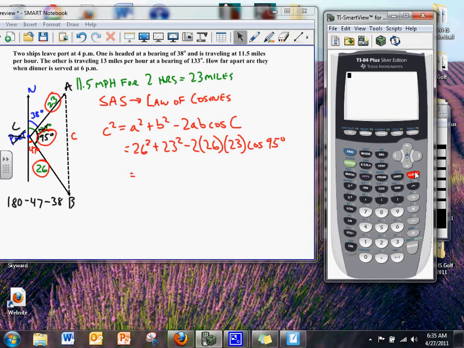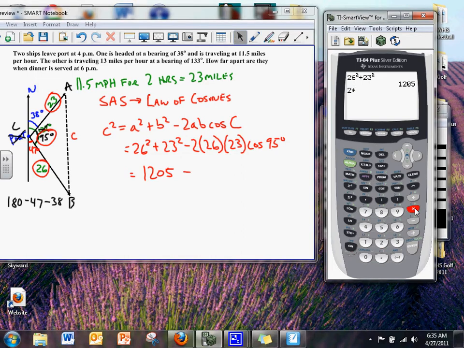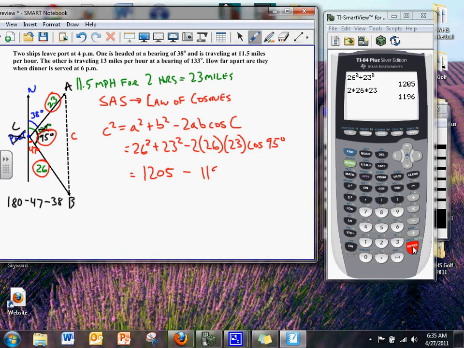But a lot of you like to break it up. So if you break it up, let's do the 26 squared plus 23 squared first. That is 1205. Minus, and this is what I see a lot, 2 times 26 times 23, which is 1196, times cosine of 95.